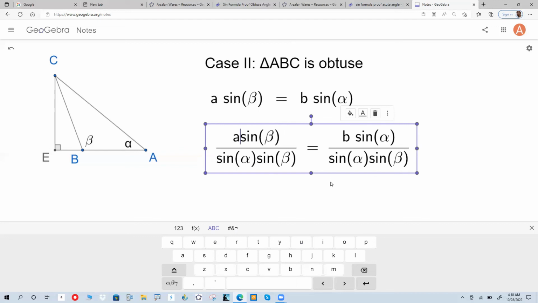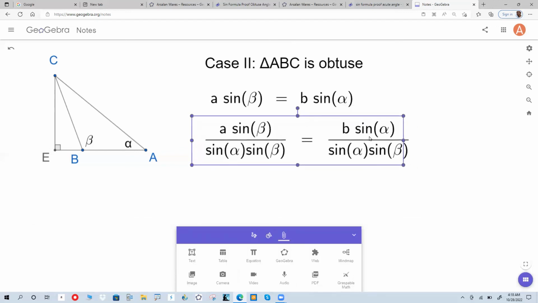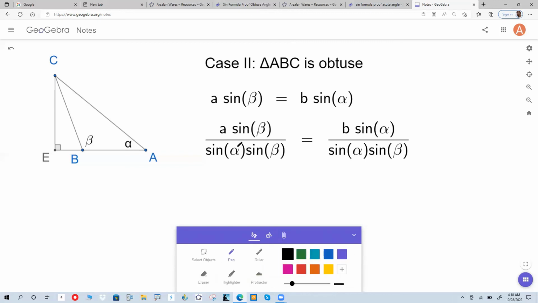Just to let you know, I put a space because I don't have a very good way to enter multiplication sign, and I don't like to use X here. So now I can cancel this and this, this, and this. So let's do it.